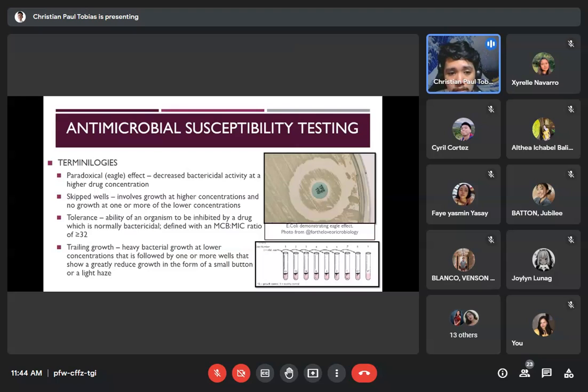So, skipped wells may indicate improper incubation or improper concentration of antimicrobials. Kunwari may growth, wala, then may growth. So, theoretically, ganun. May na-skip na well. Maintindihan naman agad. So, tolerance, the ability of organism to not be inhibited by the drug, which is normally bactericidal, and when we say trailing growth, heavy bacterial growth at lower concentration that is followed by one or more wells.